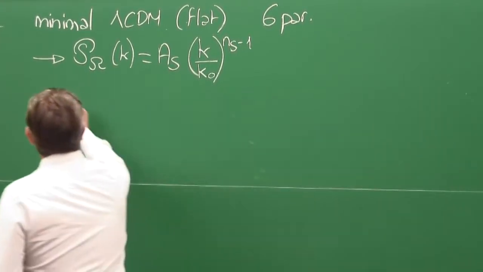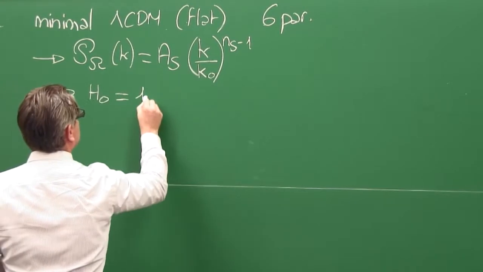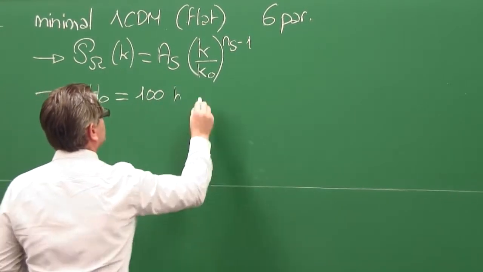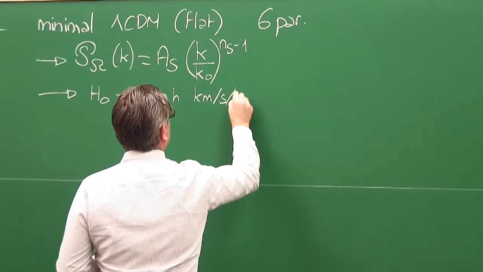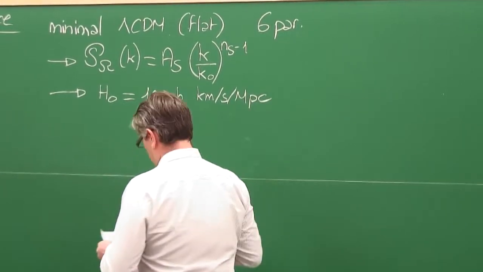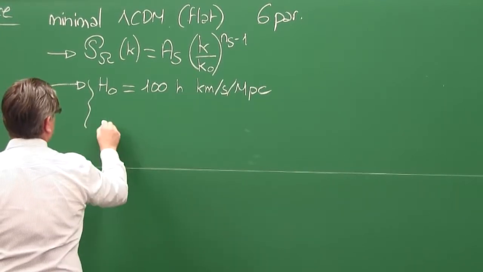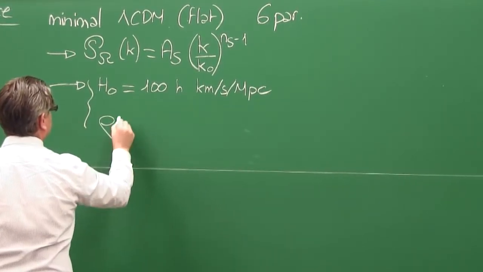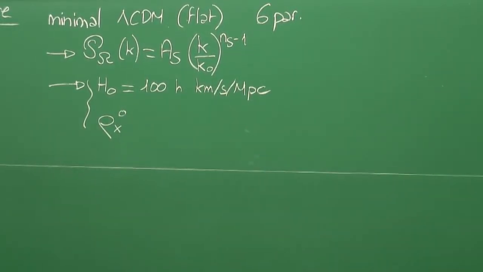I recall that H0 can be written in terms of a dimensionless parameter small h, and these are kilometers per second per megaparsec, with h of the order of 0.7. And finally, when we talk of physical densities today, we will use the parameter small omega.